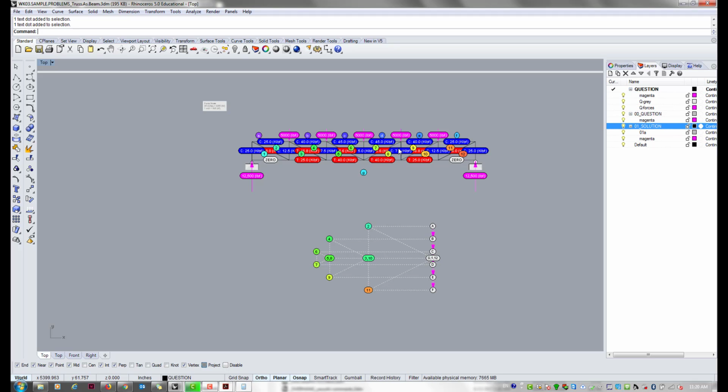And that's basically what the moment diagram is for this one, except if you want to show it in a conventional way, you might want to flip that, but the moment diagram basically looks like that.